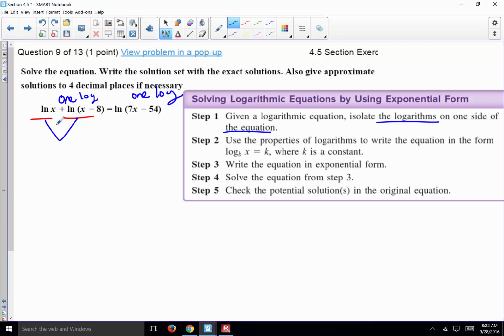How? If there's a plus between logarithms, the product property, it turns into product, yes. You multiply the stuff inside.